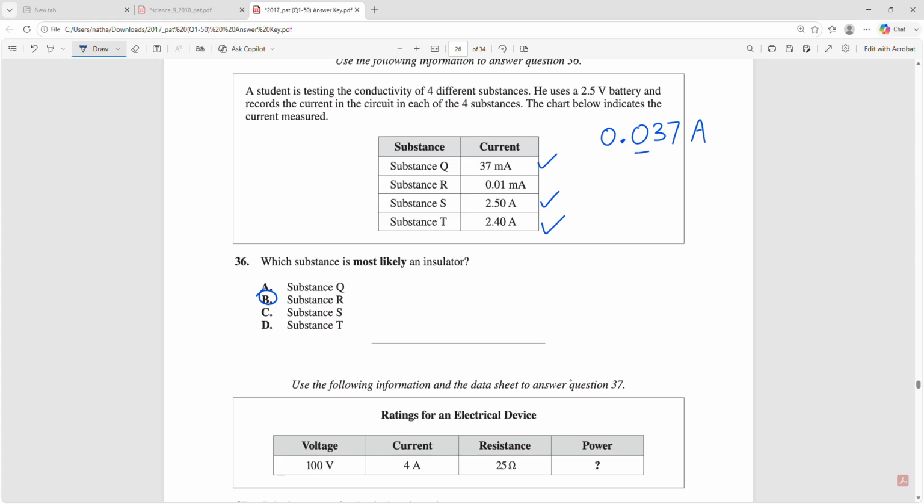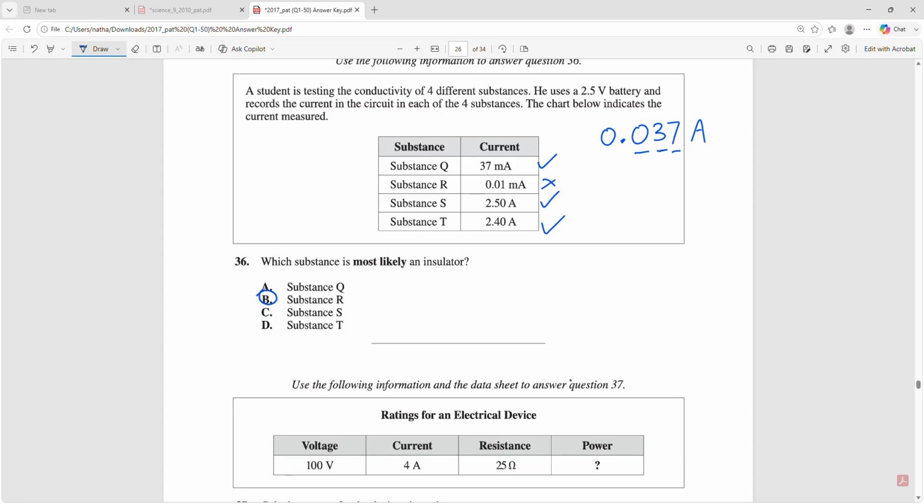So think about it. We have our 10th place, our 100th place, our 1000th place. So milli means 1,000th. So 37 1,000ths of an amp. So that's quite small. And then 0.01 milliamps would be even smaller than that. So there's practically no current flowing here at all.